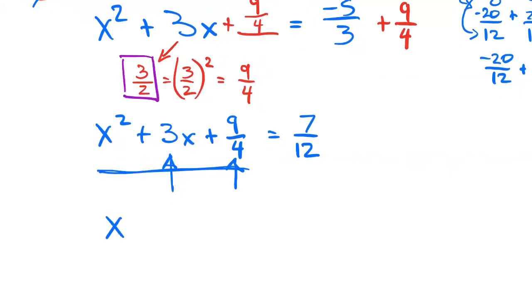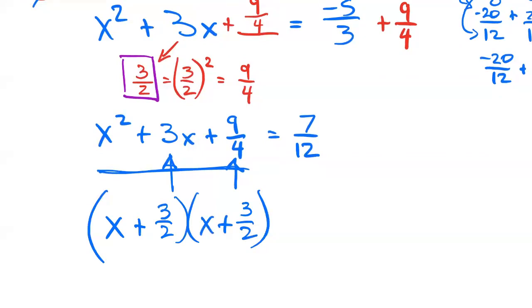So this is going to be x plus 3/2, x plus 3/2. 3/2 times 3/2 is 9/4. So they still multiply together to give 9 over 4. 3 over 2 plus 3 over 2 is 6 over 2, which reduces to 3, which gives you that middle term. So that's a simple way to determine what value these are going to be. Is equal to 7 over 12.